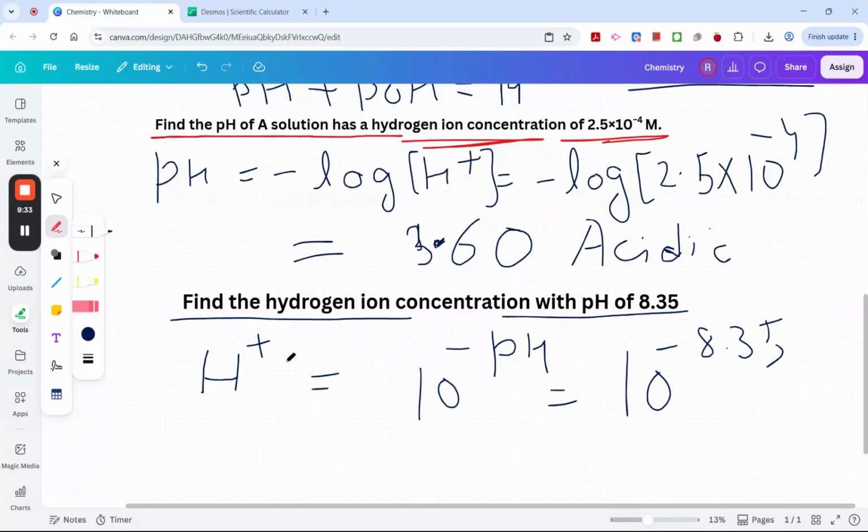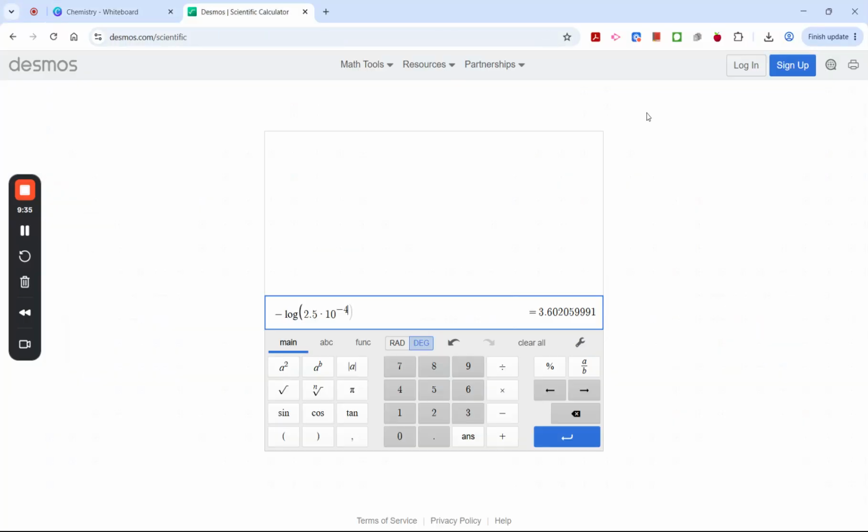Again, go to your Desmos calculator. 10 raised to the power negative 8.35. What's the answer? 4.46 times 10 raised to the power negative 9. It depends what your teacher is asking, how many digits, significant figures.